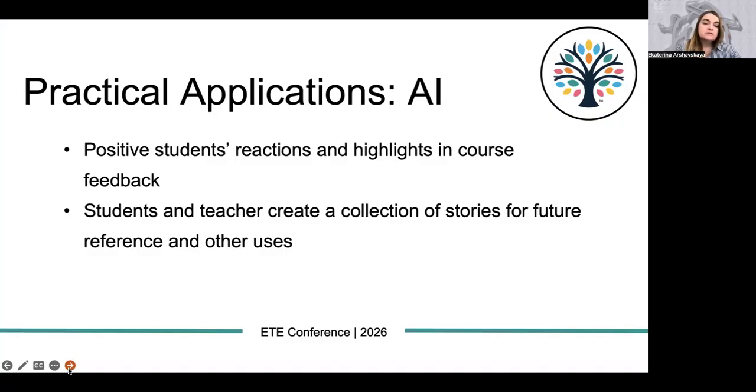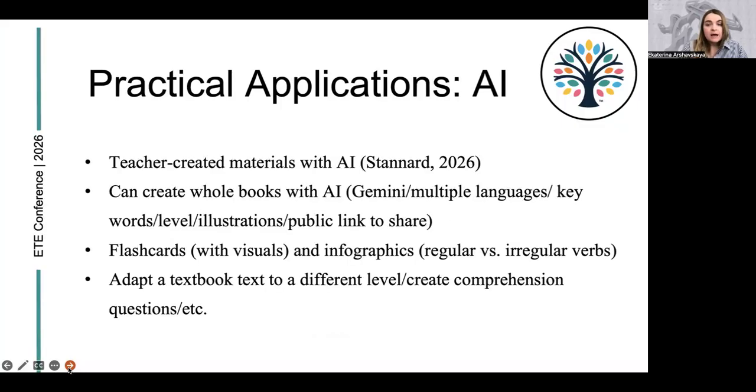And students had positive reactions, and they highlighted this project as something really engaging and useful in their course feedback. And now the students and the teacher have a collection of stories for future reference, and maybe they can use it for other things as well, like with other students.